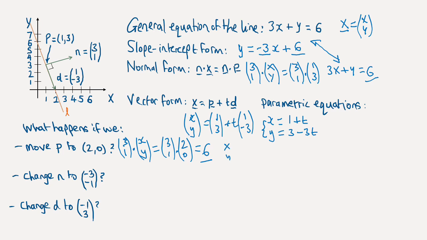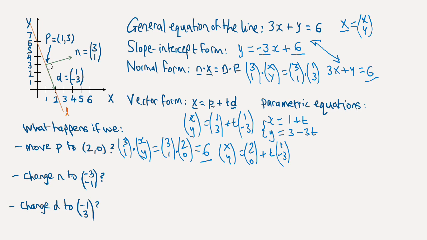So we've got (x, y) equals P, so let's move P to (2, 0), plus t times the direction vector, which is (1, -3). So remember, t is just a scalar, so I could shift that scalar.